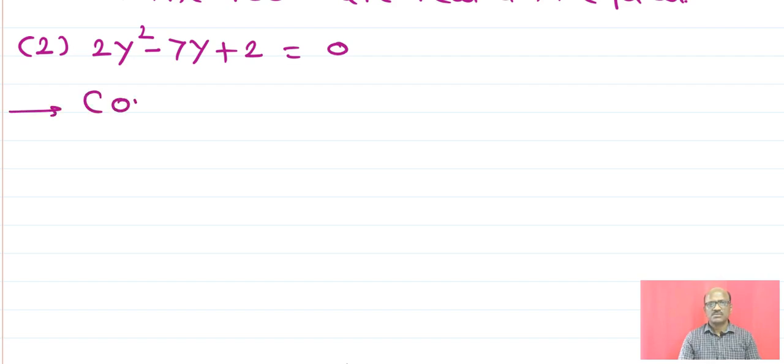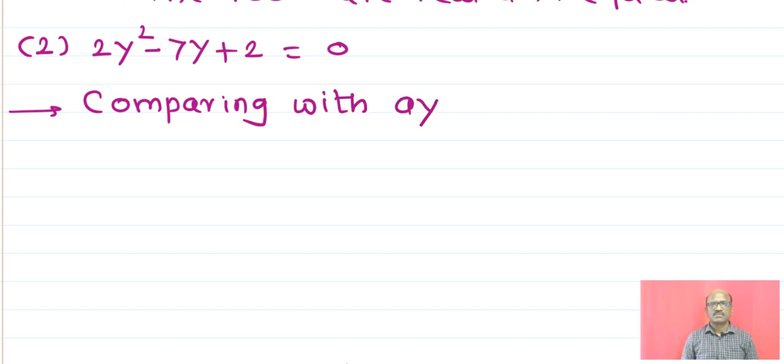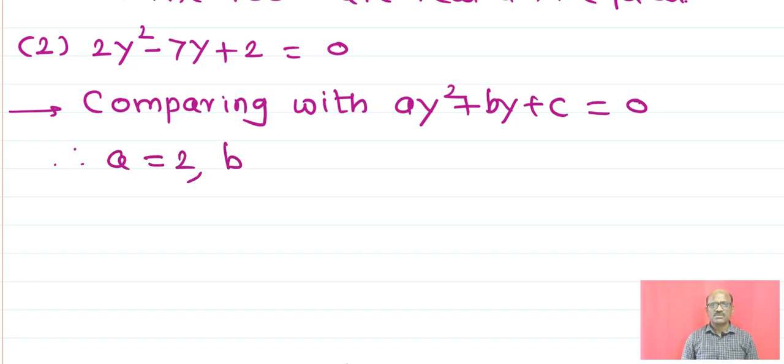Therefore, comparing with ay square plus by plus c equals 0, a is equal to 2, b is equal to minus 7, c is equal to 2.